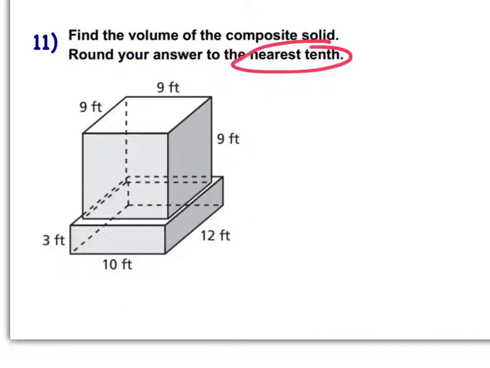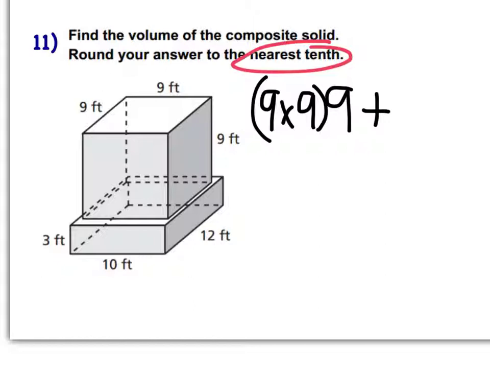All right, here we go. We are going to take our cube, which is 9 times 9 times 9 again. I'm going to use parentheses, and then we're going to add. Notice there's no holes here, so it's not subtraction. Our base times 10, and in parentheses, I'm going to multiply that by 3.